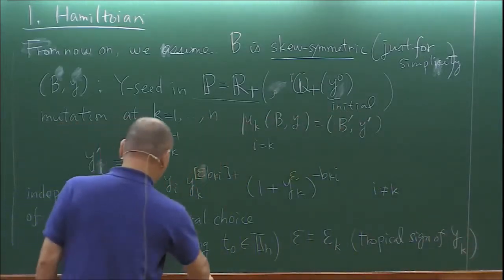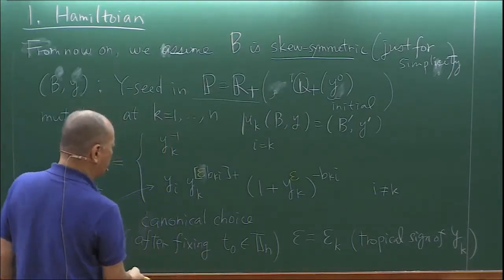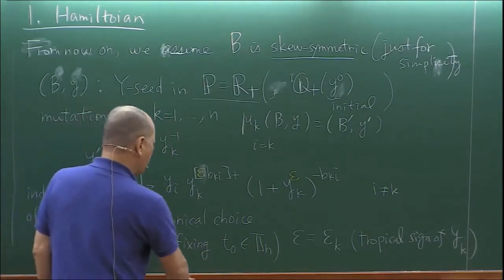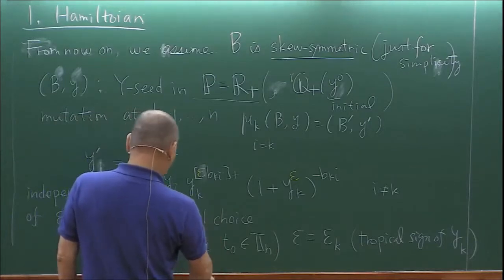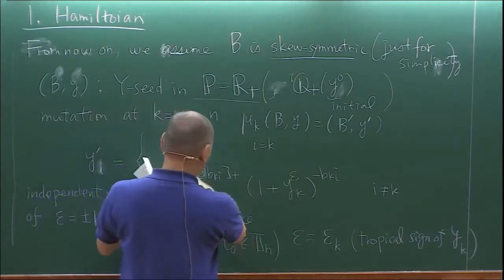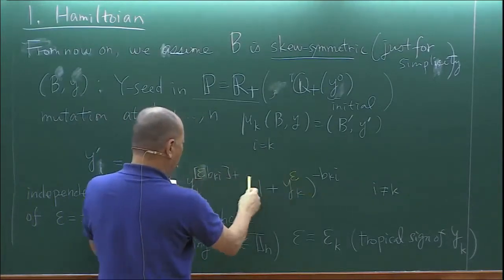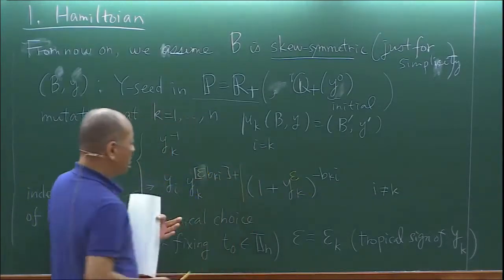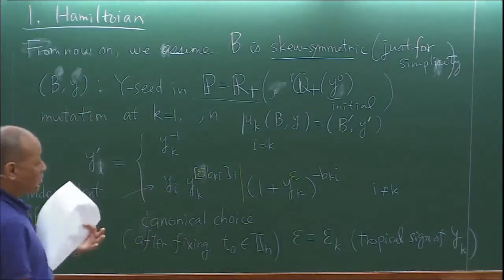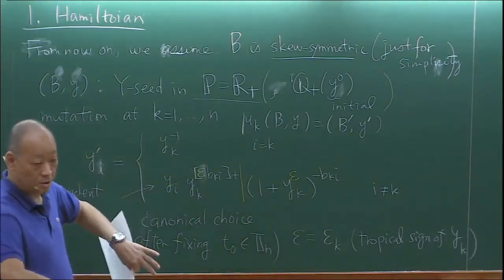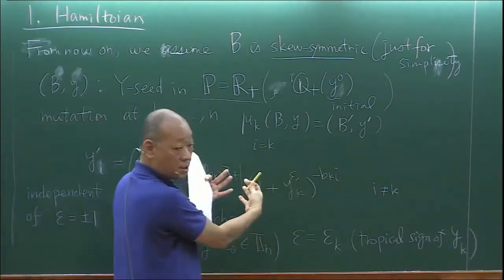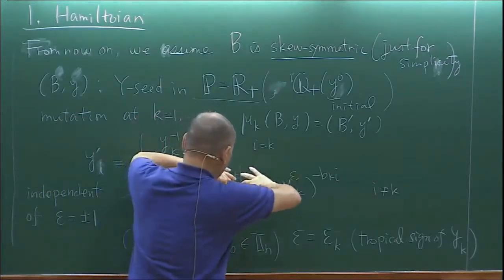After setting this, we have a nice statement. First, I said this expression is independent of the choice of epsilon. But if you separate these things, of course, they are different. The point is that the product does not depend on it, but if you separate, it's different.